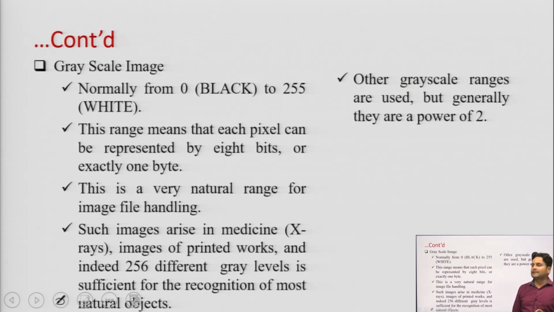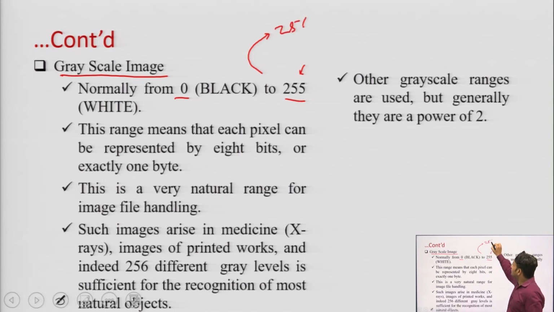Second kind of image, if we talk about, is the grayscale image. Now, see, a grayscale image actually varies from 0 to 255 level. Total levels are 256. Okay.